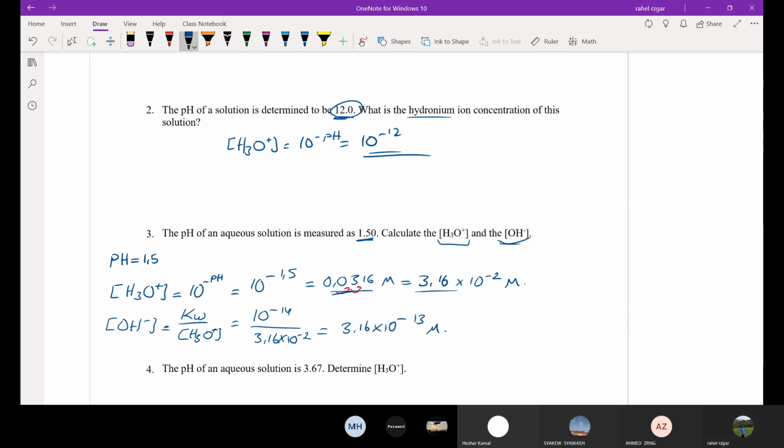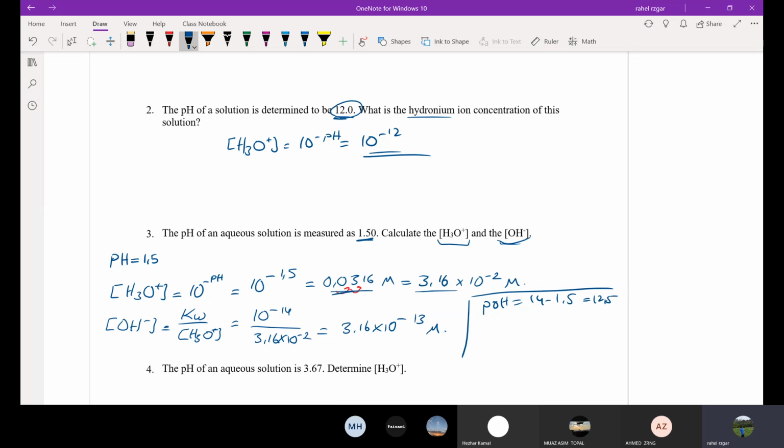That's it. Can we do it in this way? Since we know pH plus pOH is equal to 14. Yes, exactly. You can find OH from pOH. It's the same thing. Yes, I know what you're saying. For example, pOH is equal to 14 minus 1.5, which is 12.5.